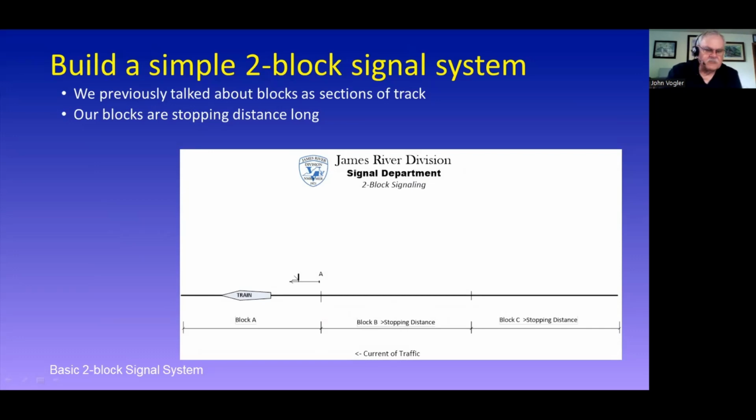So here's our signal at A protecting the home block there. You can see we're showing the horizontal aspect.